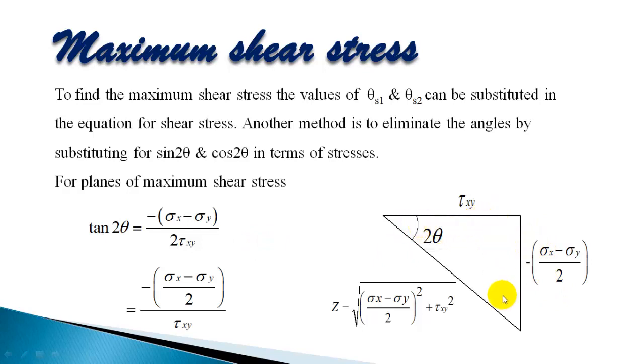So when the triangle is like this, the hypotenuse of the triangle is the square root of ((sigma x minus sigma y) by 2) square plus the square of the other side, that is tau xy square. You can denote this hypotenuse by z.